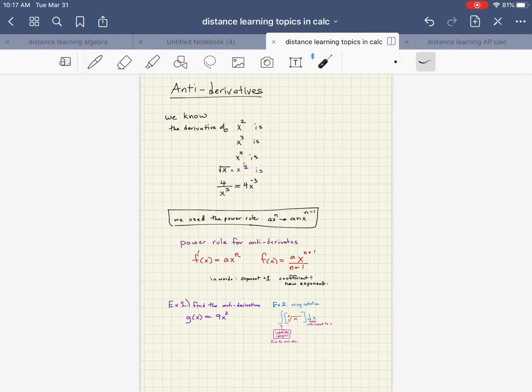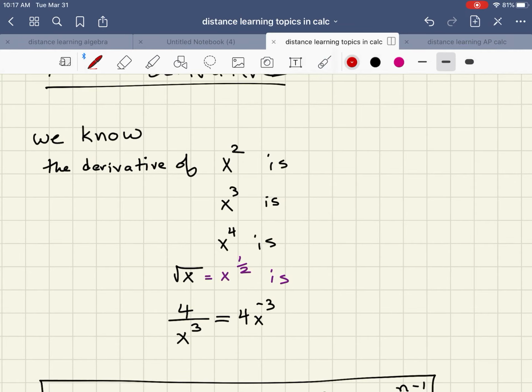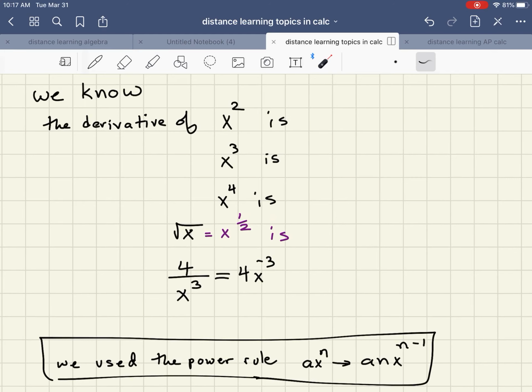So just to recap, back when we first started to do derivatives, we learned the power rule. We did the limit process on the secant line, but we're not going to worry about that. We're just going to refresh our memory here.